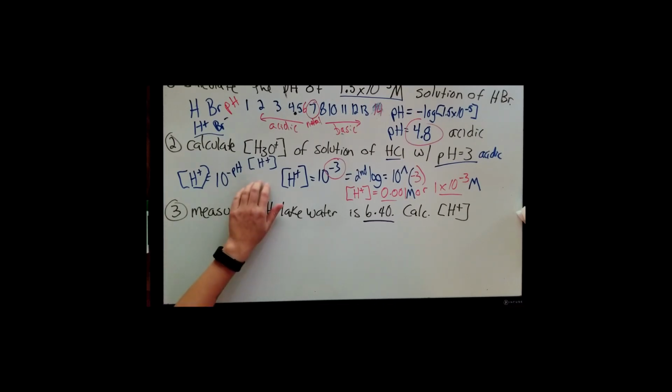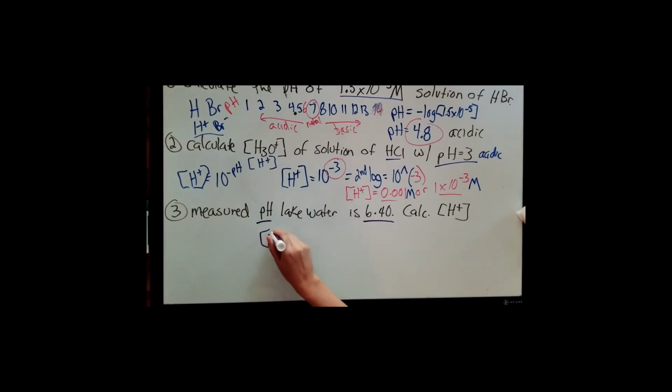It's the same calculation as we did in number 2. I'm going to start by getting my equation ready before I plug in. So 10 raised to the negative pH, so it's going to be 10 to the negative 6.40.